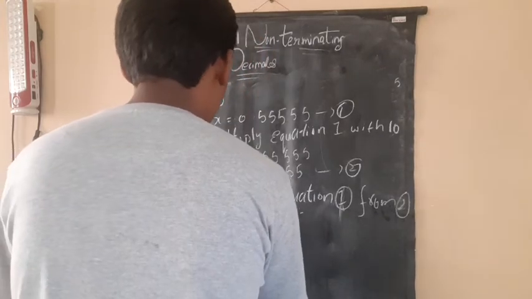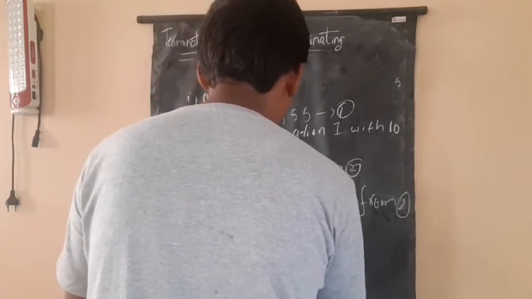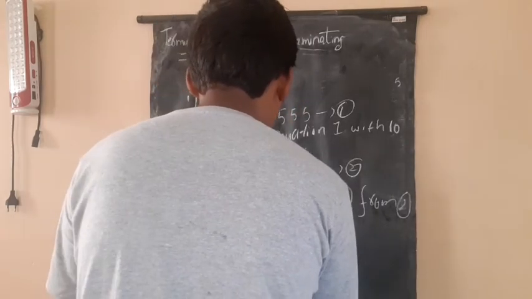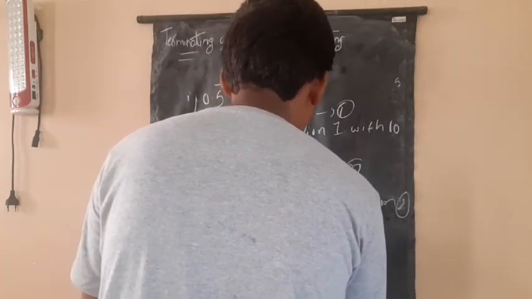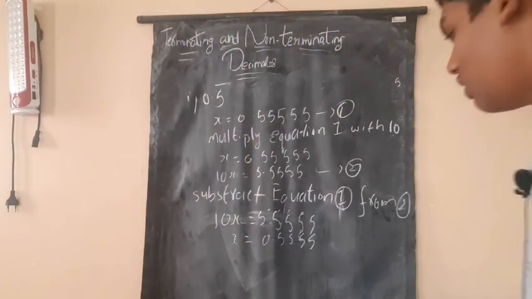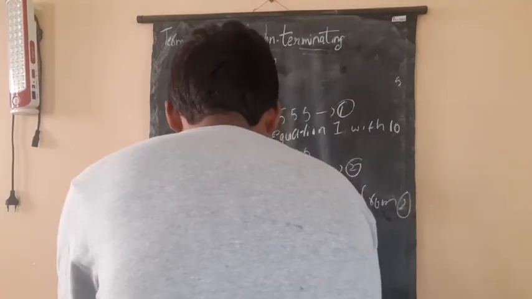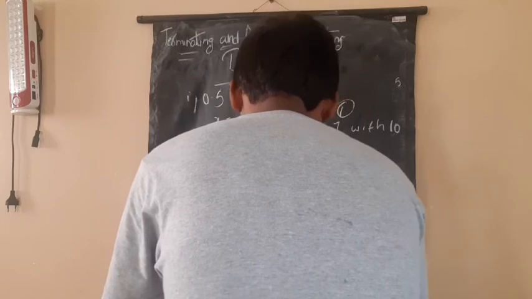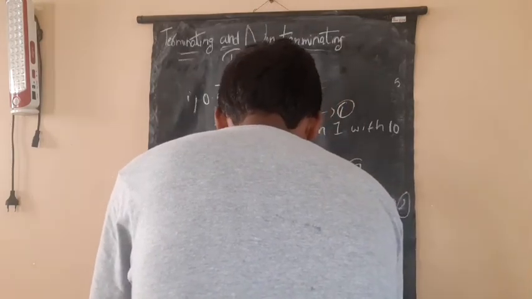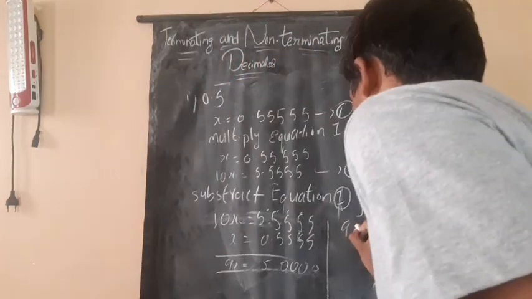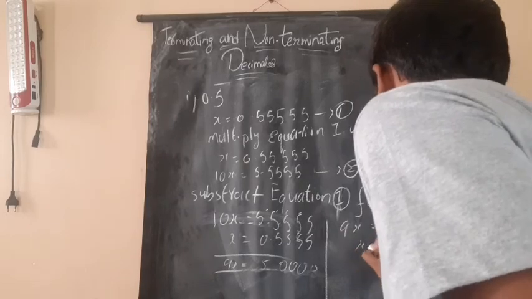Equation 2 is 10x equal to 5.5555, and equation 1 is x equal to 0.5555. We can write any number of digits we want. Now subtracting, 10x minus x gives 9x equal to 5.000, so 9x is equal to 5, and x is equal to 5 by 9.